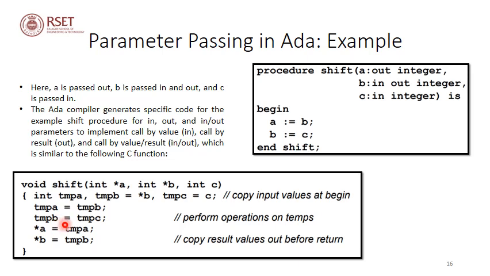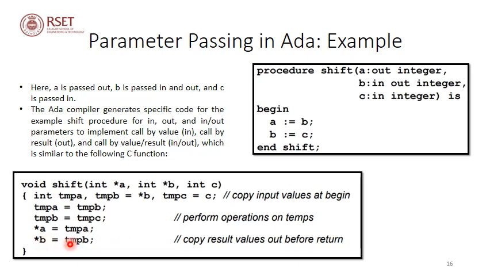Now the function is about to return, and in the case of out parameter A, we have to copy the most recent value of the temporary variable back to the location referred to by A. So the value in temp A, which is now the value in temp B, will be copied to the address pointed to by A, and in the case of in-out parameter B, the latest value of temp B will be copied back to the address referred to by B. So this is copy result.